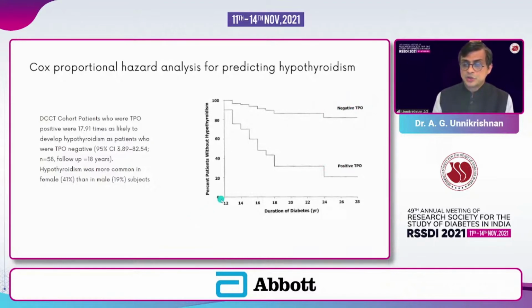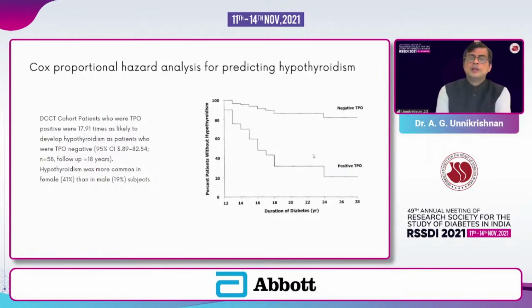The x-axis shows the duration of diabetes. The y-axis shows the percentage of people who did not have hypothyroidism. So you can see that people with a negative TPO, a higher proportion did not have hypothyroidism, and patients with positive TPO, a lower proportion did not have hypothyroidism, which means that a higher proportion had hypothyroidism.